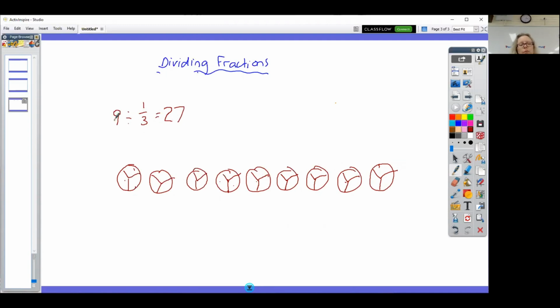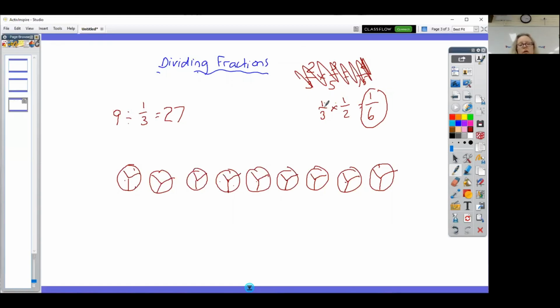Now, something I wanted to tell you before when I was talking about multiplying fractions: 1/3 times 1/2 equals 1/6, because 3 times 2 is 6. So 1/3 of a half is 1/6. What you find when you're multiplying fractions is that the answer is always smaller than either of the things you're multiplying together.